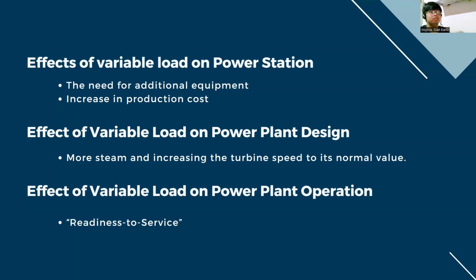Since our variable load has increased, the rotational speed of our turbo generator will be reduced, because it is only at the normal value that it should be. So the solution is that the governor will come into action and operate a steam valve, which will admit more steam to increase the turbine speed and produce more electrical energy.